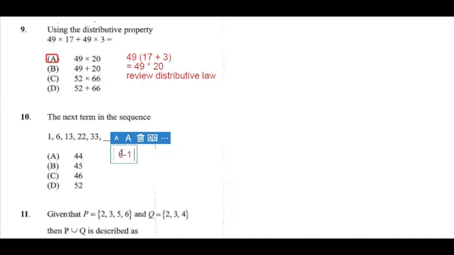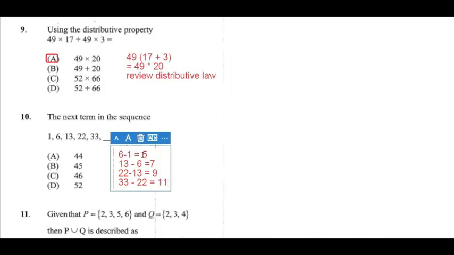But just a quick run through: 6 minus 1 will give us 5. 13 minus 6 is equal to 7, and 22 minus 13 is equal to 9. 33 minus 22 is equal to 11.